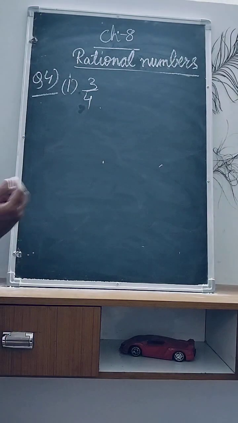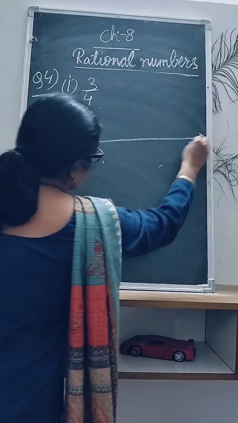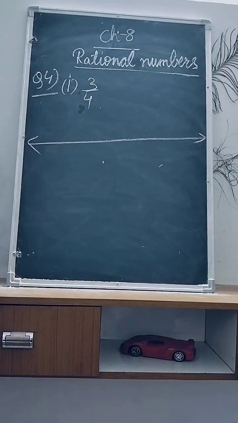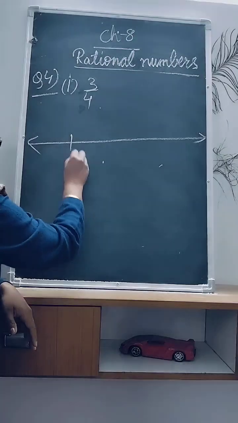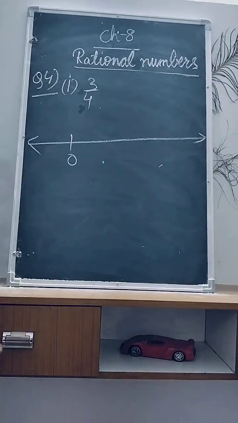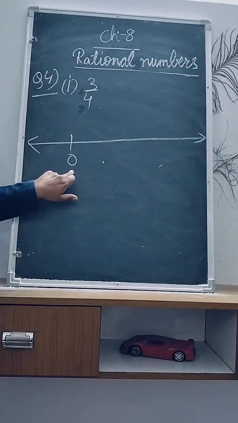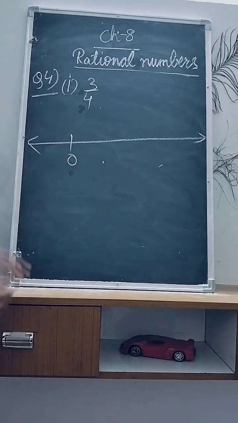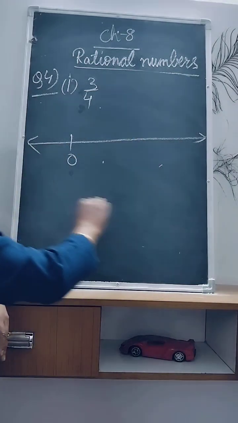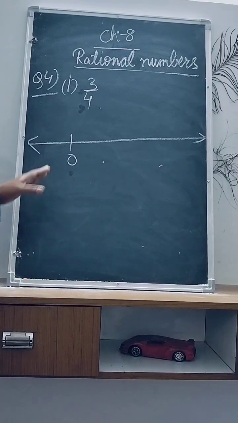The denominator is 4. So firstly students, when we have to draw a rational number on a line, we will draw 0. You know 0 is neither a positive nor a negative number. On the right side of 0 we will find all positive numbers, and on the left side of 0 we have negative numbers.